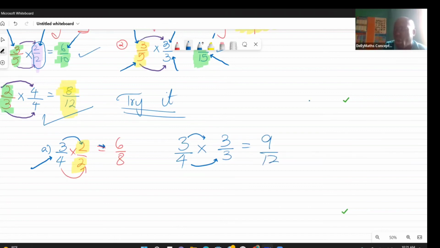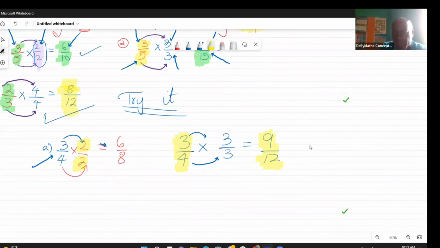We're suggesting that 3 over 4 is equivalent to 9 over 12. They have the same value. The moment you multiply the numerator and the denominator by the same number, it produces another fraction that is equivalent. So that is what we're saying.